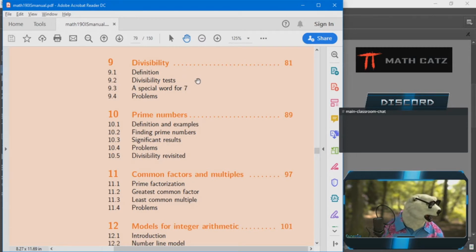Those are not test concepts. For the test, which is quiz 3 next Friday, you only have to know how to use the divisibility tests. So know what they are and use them, not explain why they are what they are.